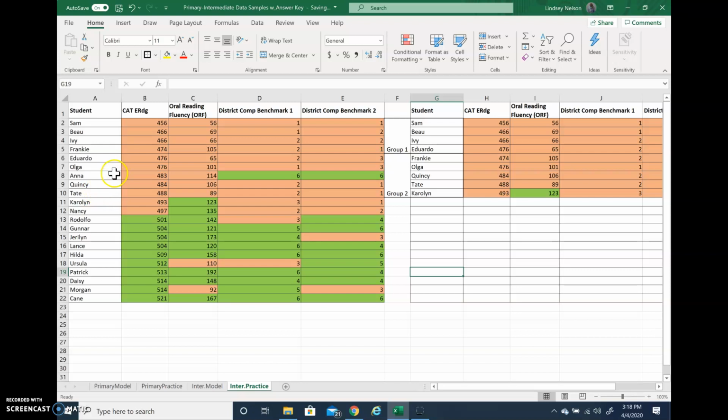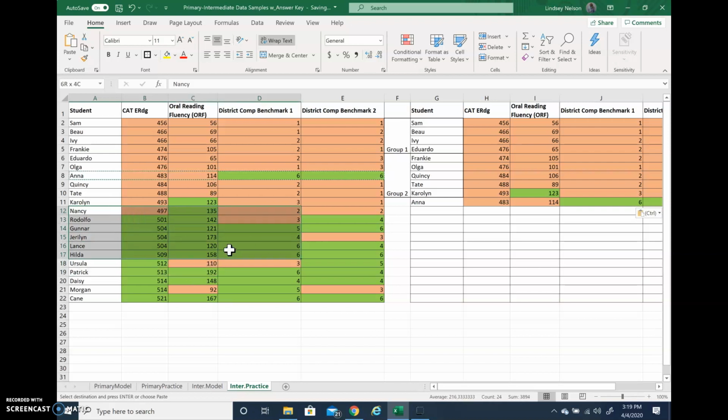Then I go back over here, and I want to start with Anna, who we skipped. I'm going to begin by putting Anna into my third grouping. And from there, I'm going to look at Nancy, Rodolfo, Gunnar, and Geraldine.